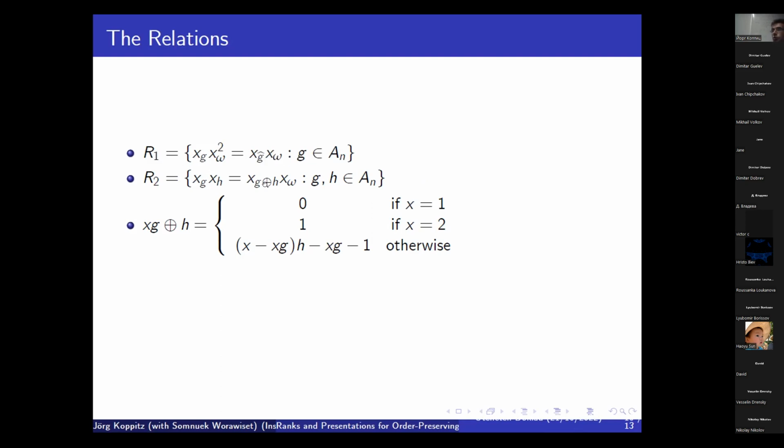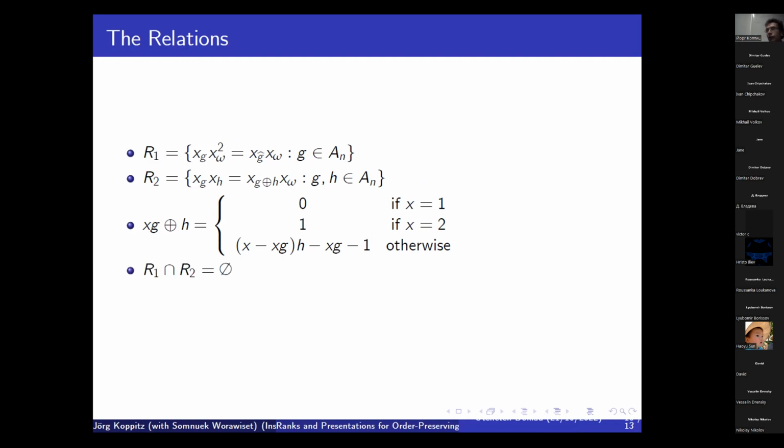It means using these relations, we can reduce any word to a 2-element word. This is the idea of these relations.